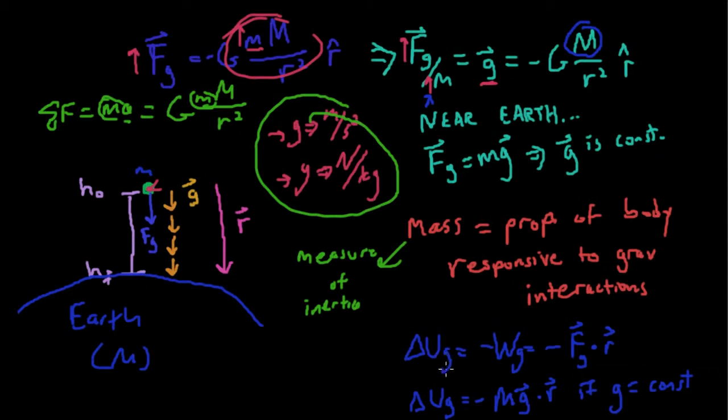So as far as the gravitational potential energy goes, it's just the opposite of the amount of work that's done, which we can find by just taking the opposite of the force of gravity times the distance through which it moves. And if we go over and look at this ball example here, so let's say that the ball falls from h naught to h final. In doing so, our r vector is downwards and our force vector is downwards.